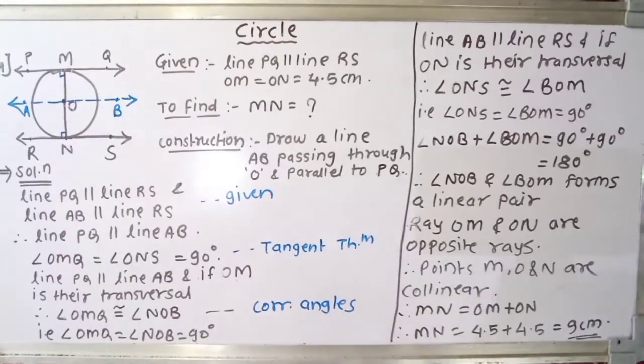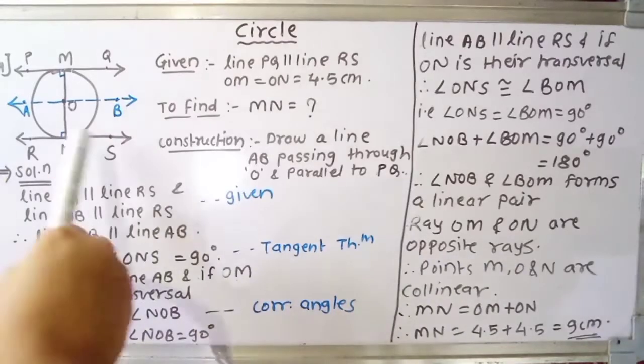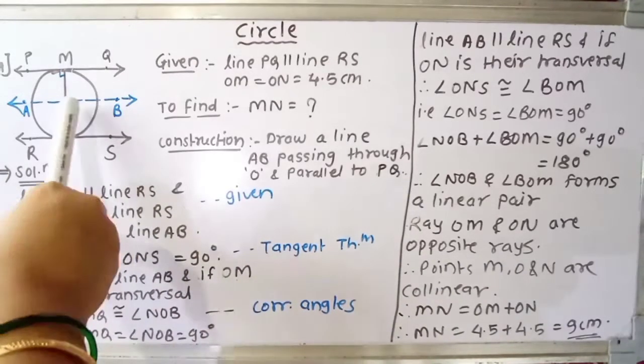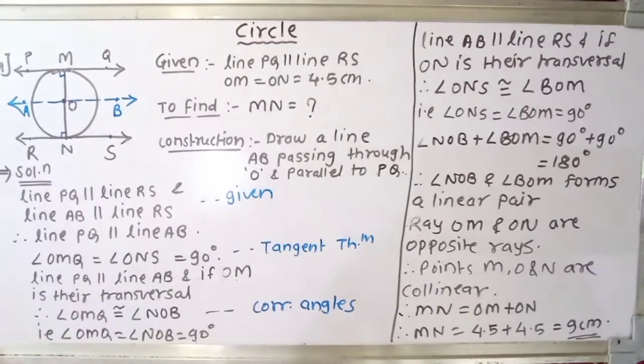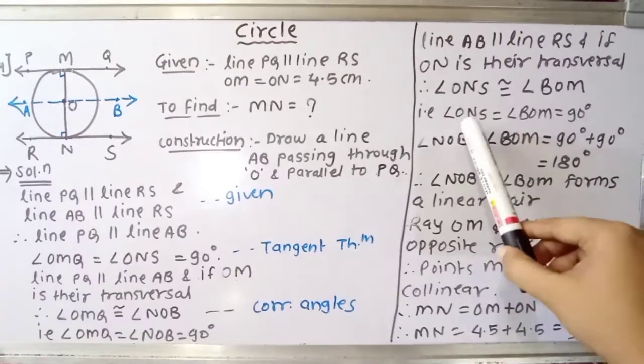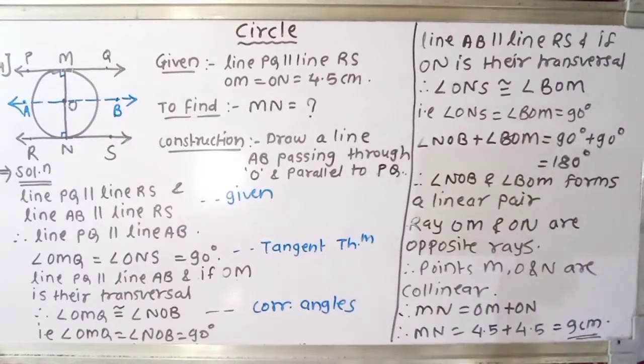The reason is corresponding angles. Due to insufficient space, I have not written it here. You write it in your notebook. Now ONS is 90 degrees, so BOM is also 90. So angle ONS equals angle BOM is equal to 90 degrees.